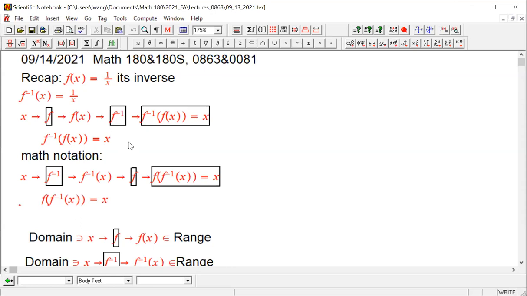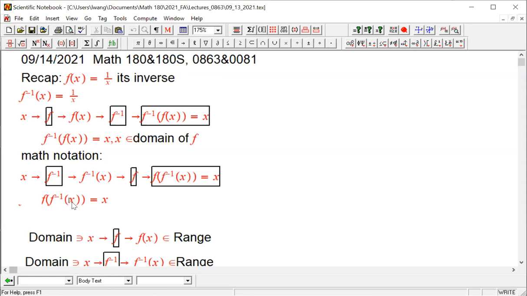Okay, so now I'm going to put some notes here. Yesterday we mentioned this x is in the domain of f, because this x is first being taken as input by f, so it must be in the domain of f.